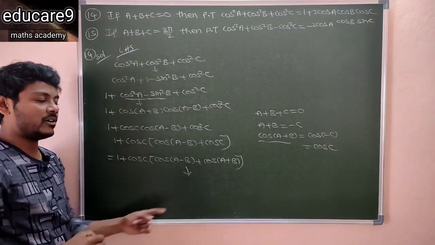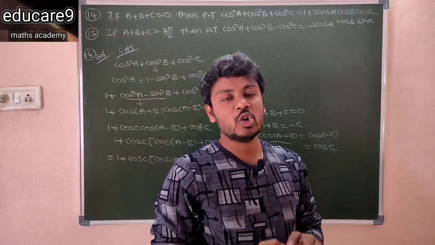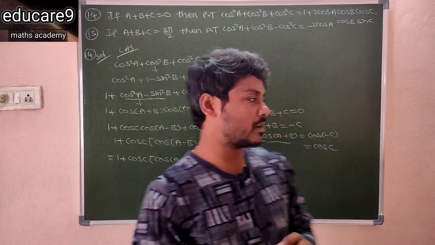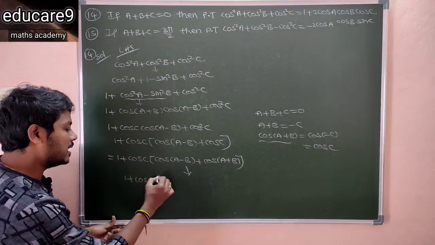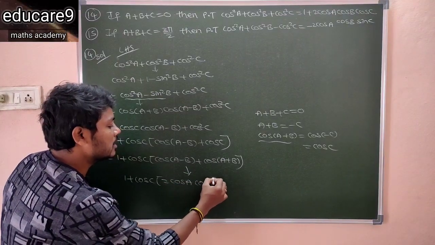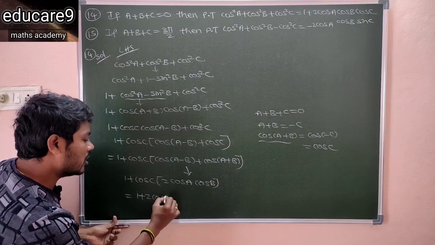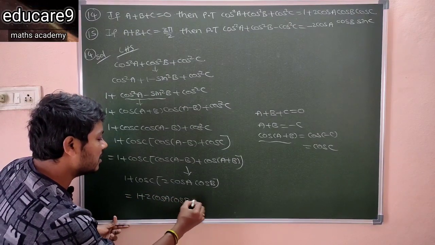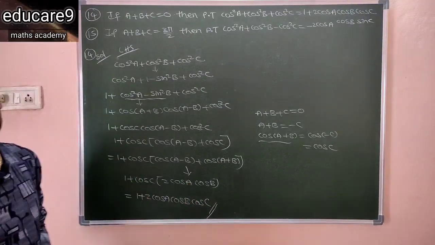So you know that cos of a plus b plus cos of a minus b formula, that is 2 cos a cos b. Okay. So right here, 1 plus cos c into 2 cos a cos b. So clear, this is equal to what? 1 plus 2 cos a cos b cos c. So this is the RHS.